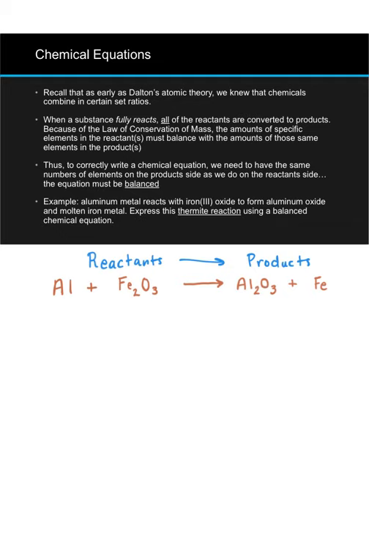This is our chemical reaction. But notice that in this chemical reaction, as it stands right now, there are 2 irons in iron 3 oxide on our reactant side, but there's only 1 iron on our product side at this time.